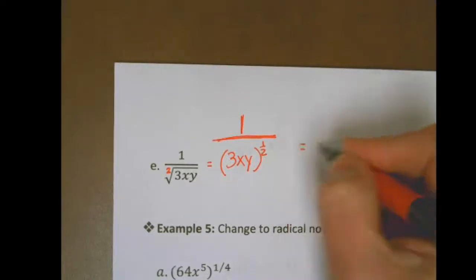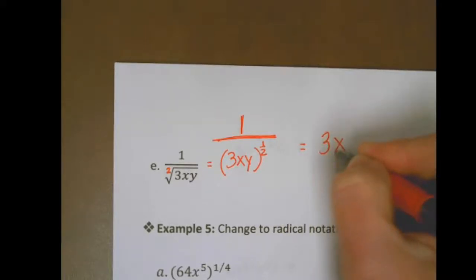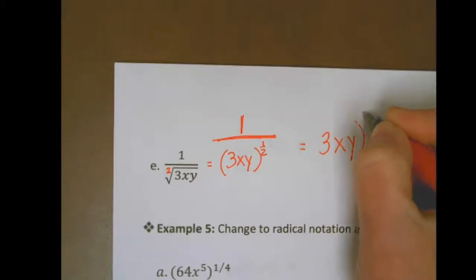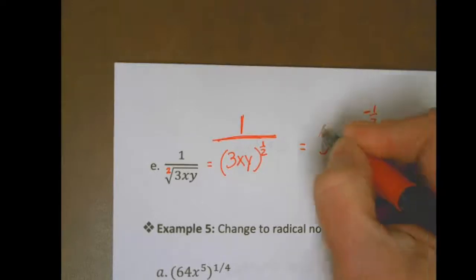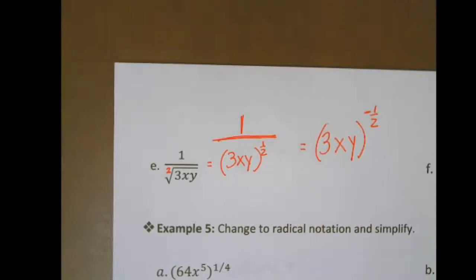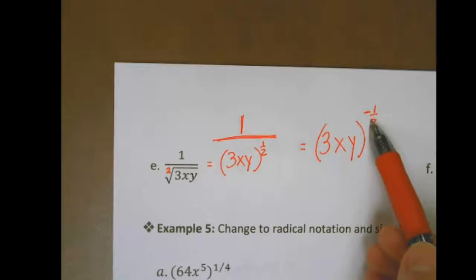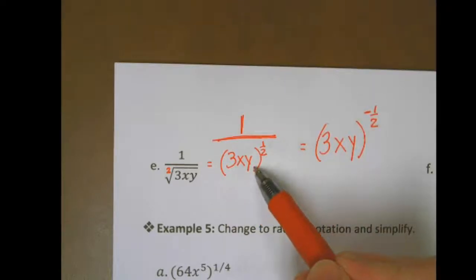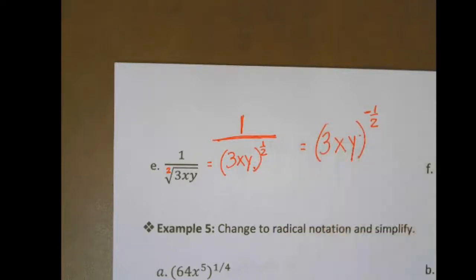This could also be written 3xy to the negative 1/2 power, because we talked about yesterday that a negative power is the same thing as being in the denominator. So either one of these would be a correct way to write the answer. Got that one?